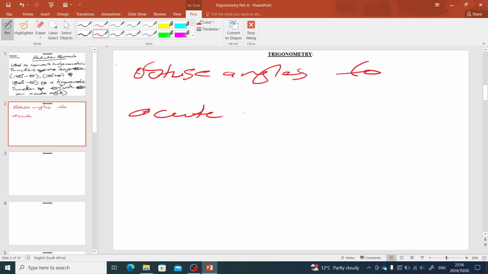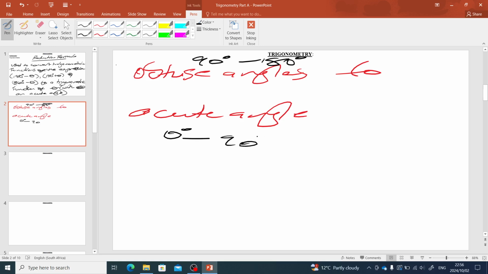Now, obtuse angles, we know that it is angles 90 to 180 degrees. Then acute angles, it is angle 0 to 90 degrees. Now, in short, we are reducing obtuse to being acute angle. That's what we will be dealing with under your reduction formula.